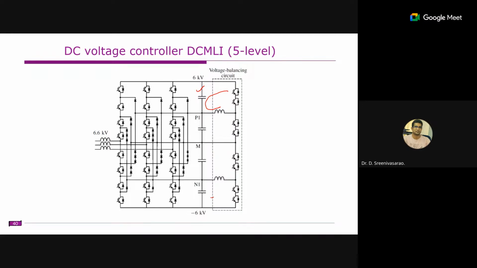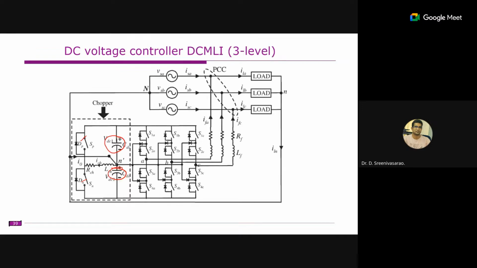So if you observe that, why do we need these two switches in series? Actually, this is one switch here, but we represented it as two switches because when you are connecting the two switches here or somewhere here also, one important thing is that you have to make sure that this one is supposed to block the entire DC link voltage.